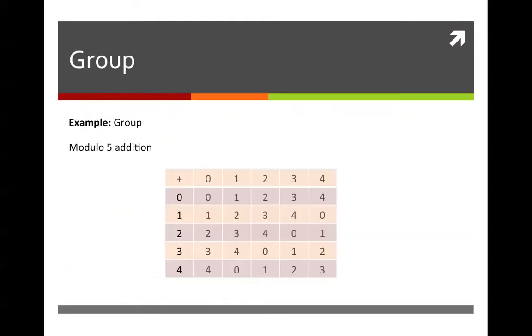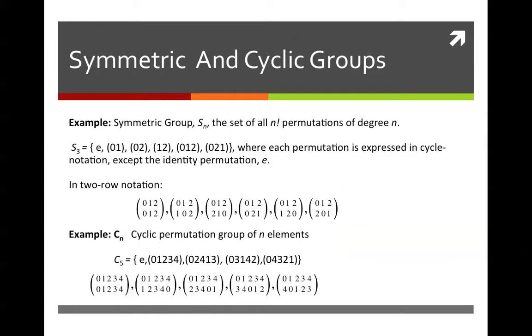we looked at the group here, and then the next thing that we want to look at are the symmetric and cyclic groups. The symmetric group is denoted as S sub n, the set of all n factorial permutations of degree n. The degree meaning the number of symbols that we use to create these permutations. So here's S3, which is expressed in what we call the cycle notation.